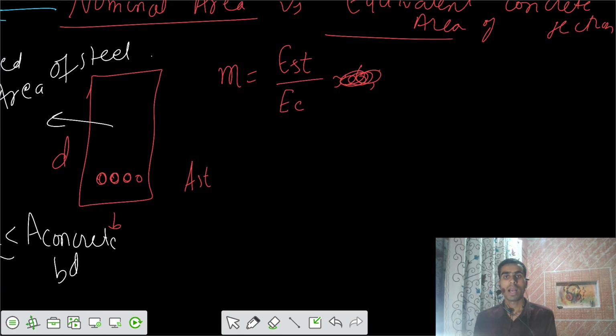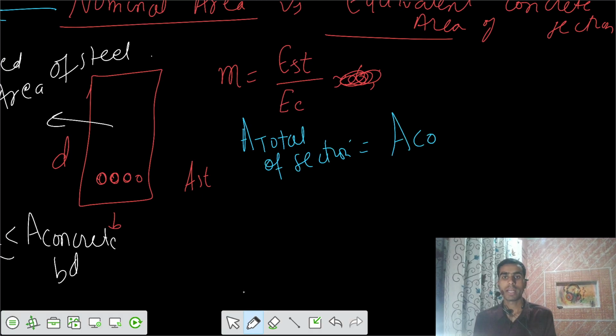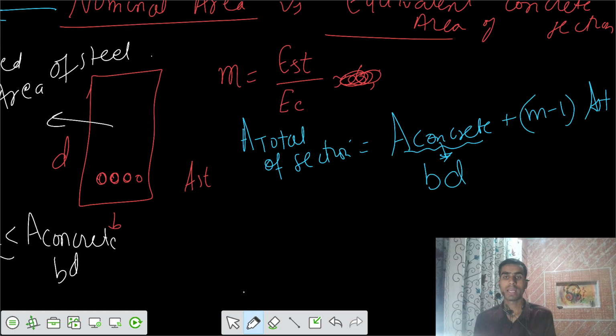It says that I have to replace this, or we can say I have the total area of the section equal to area of the concrete plus m minus 1 times the area of the steel. This area of the concrete we assume is almost equal to B times D, plus m minus 1 times the area of the steel we have provided, such that it becomes the equivalent area of the cross section.